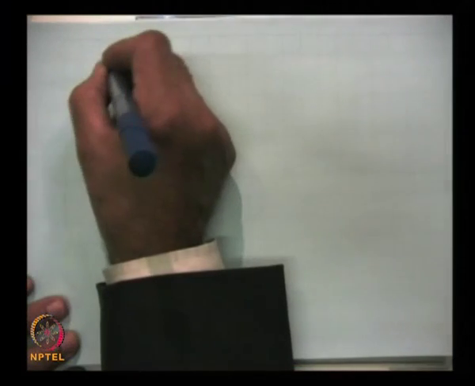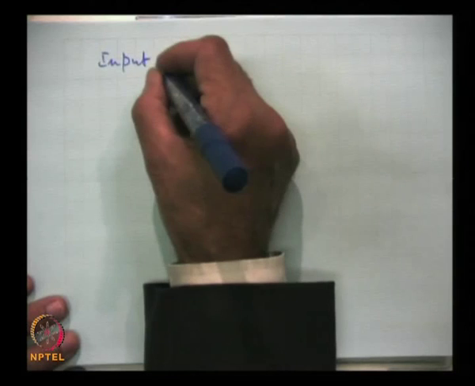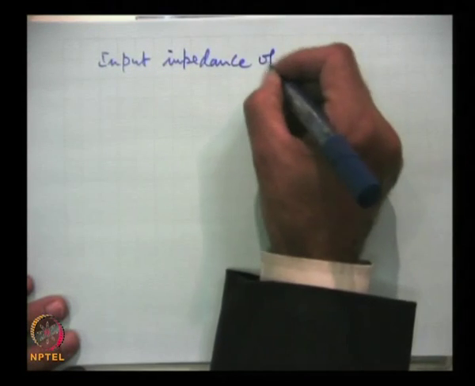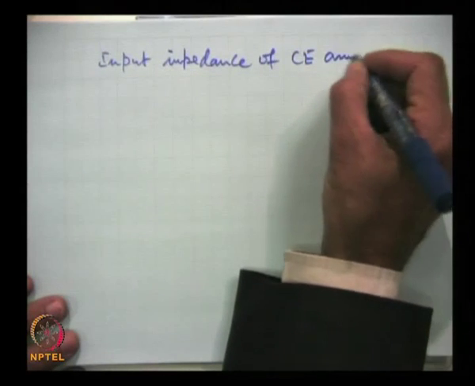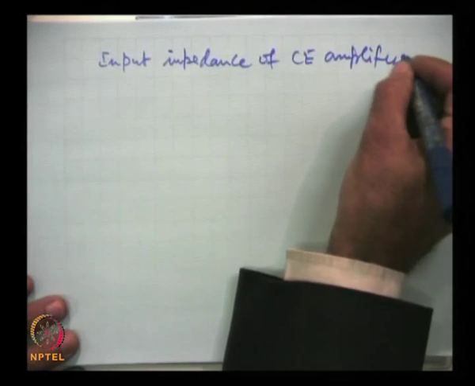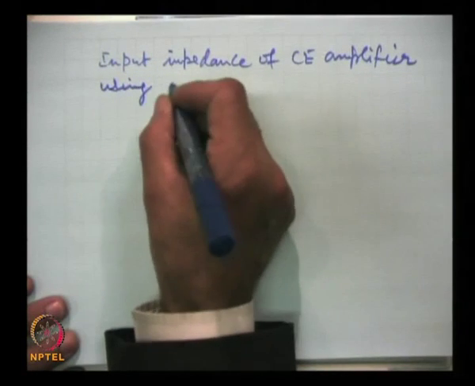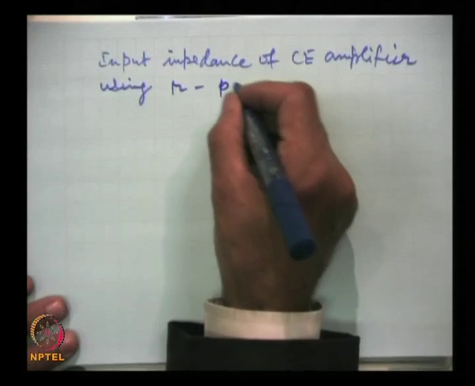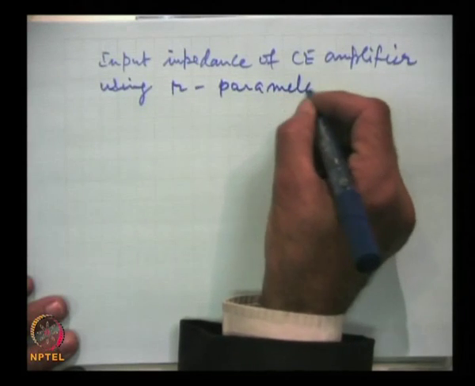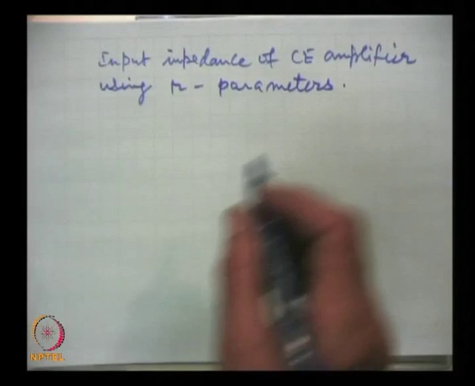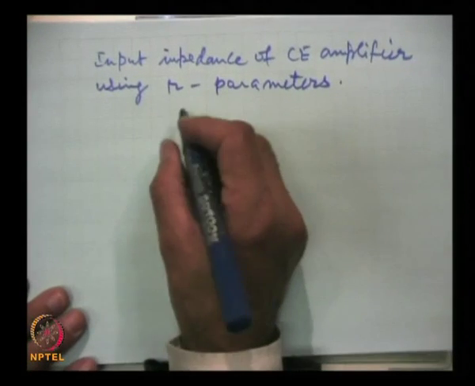Now, we take input impedance of the amplifier using r parameters. The circuit under consideration, I redraw.